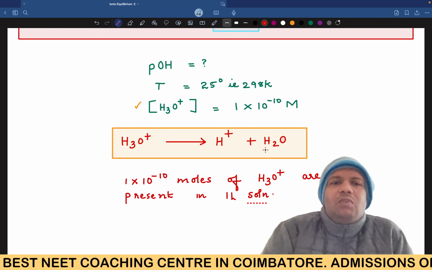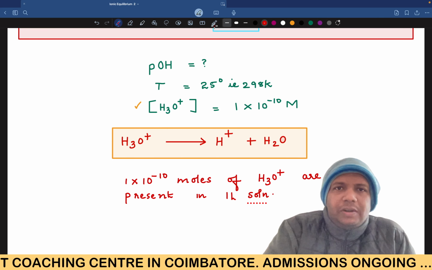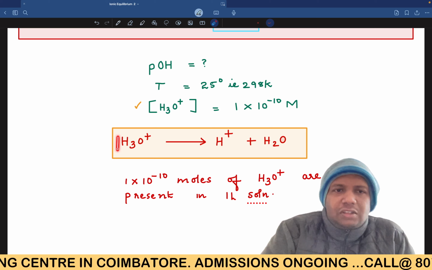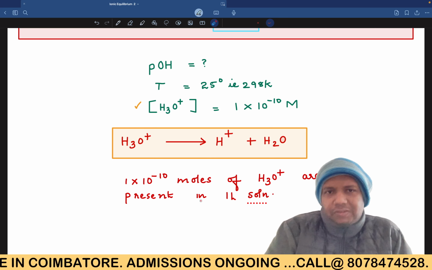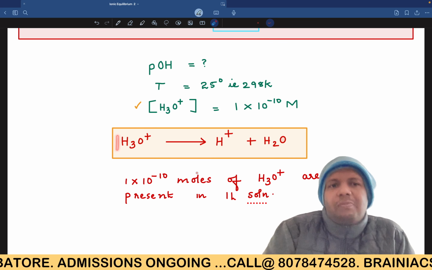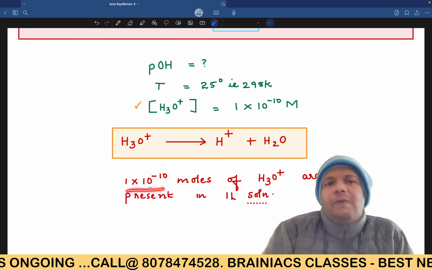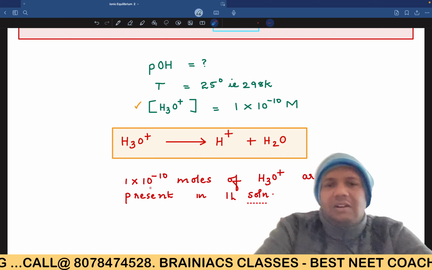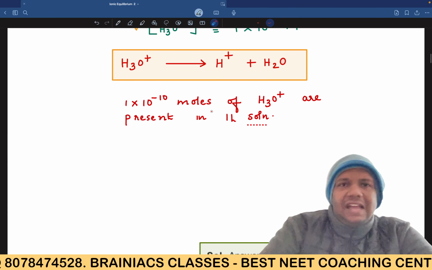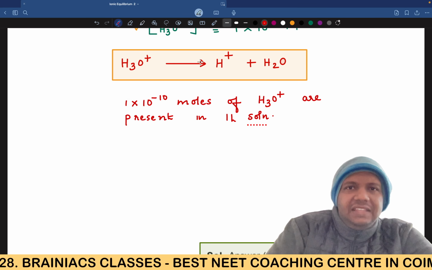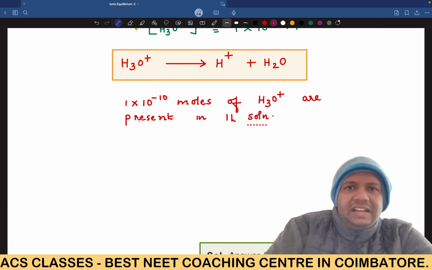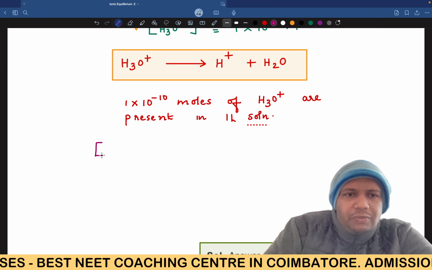As per stoichiometry, 1 mole of H3O plus can generate 1 mole of H plus. So 1 into 10 power minus 10 moles of H3O plus can generate 1 into 10 power minus 10 moles of H plus.